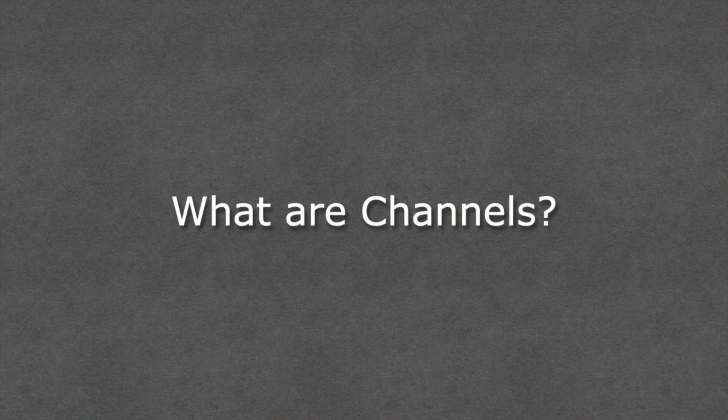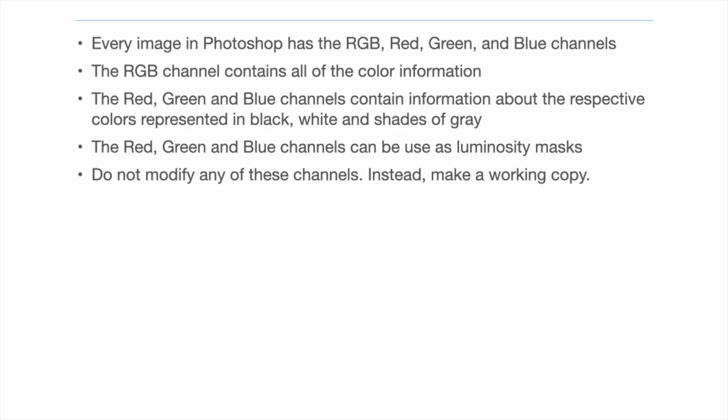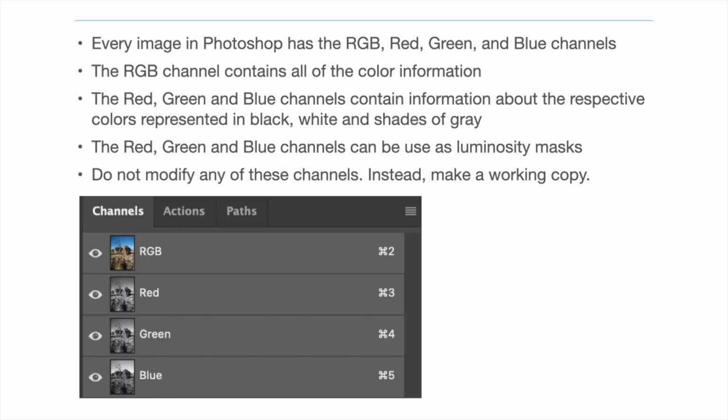So just what are channels? Every image in Photoshop contains the RGB, red, green, and blue channels. The RGB channel contains all of the color information in the image. The red, green, and blue channels are displayed as black and white representations of the image, showing you how much of that color exists in the image.